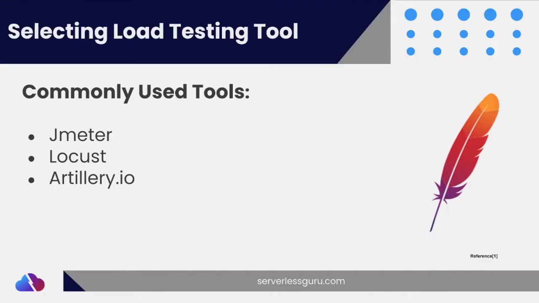Some of the most commonly used tools which I know are these three: JMeter, Locust, and Artillery.io. All three of them have similar features. Some of them have some advanced features. Some of them have a nice GUI. Some of them are just command line tools.